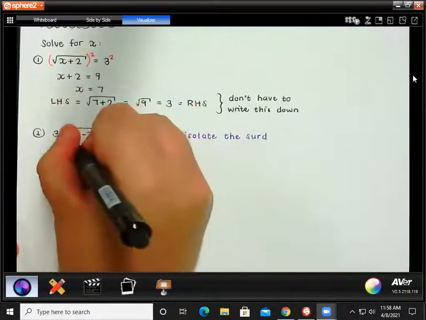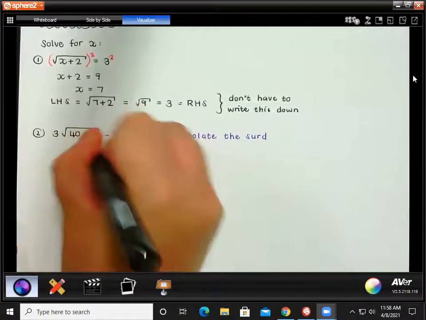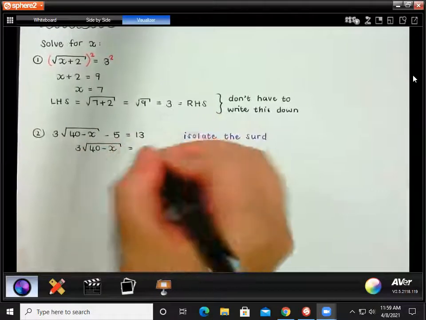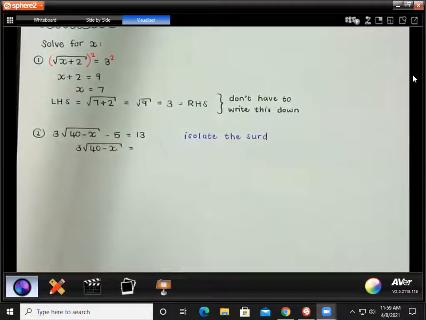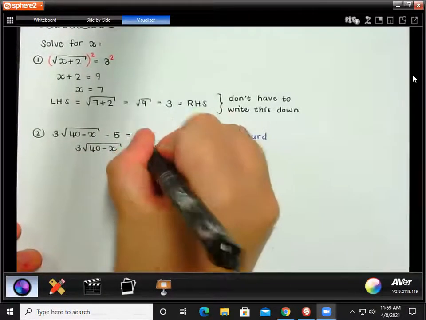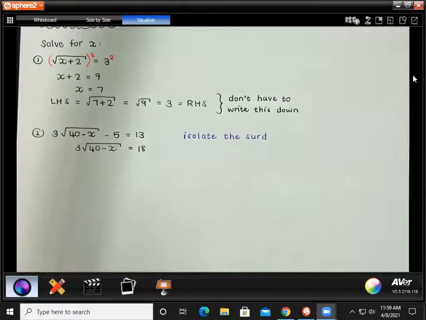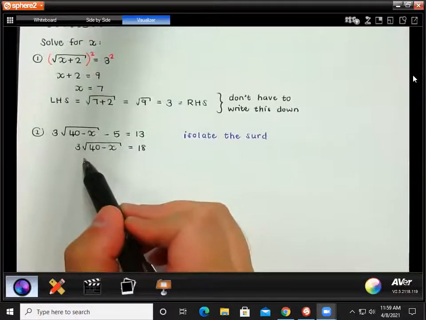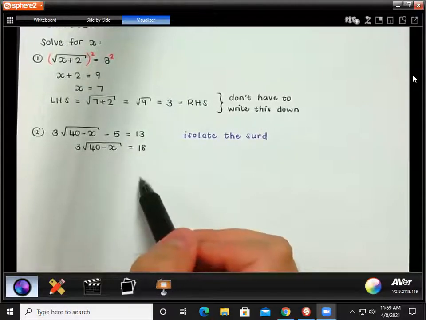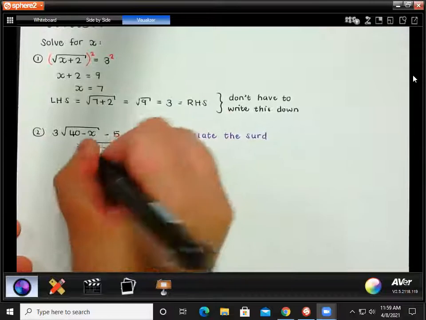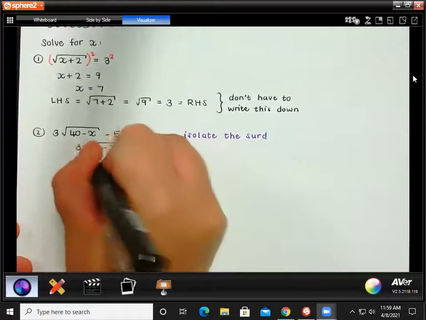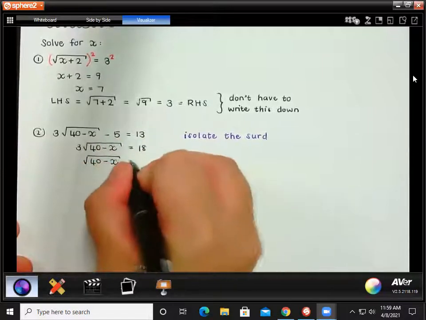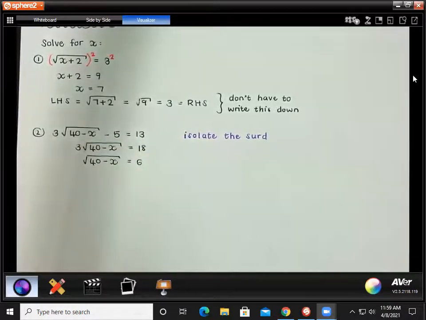So we're going to have 3 root 40 minus x is equal to, what is 13 plus 5? 18. And now the 3 that's in front of the surd, do we all agree that I'm multiplying by the 3? So if I move it, I'm going to have to divide by 3. Okay? And what is 18 divided by 3? 6. So we're going to have the square root of 40 minus x is equal to 6.